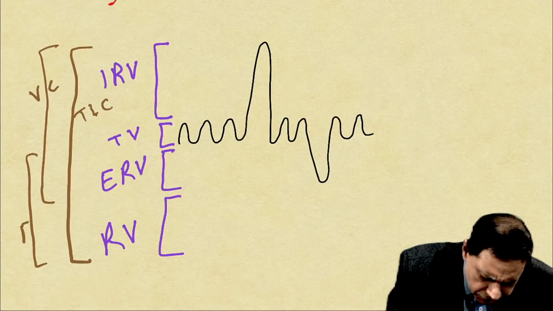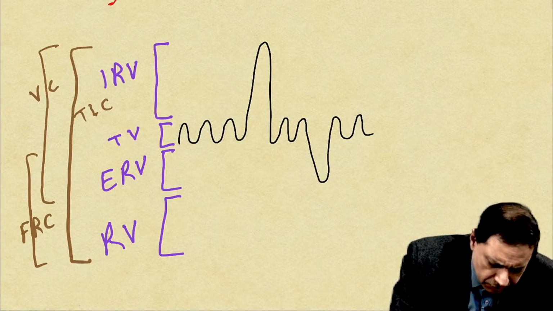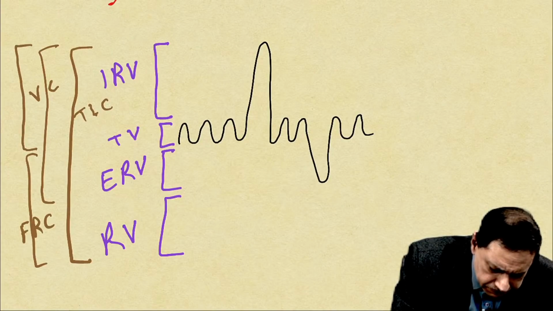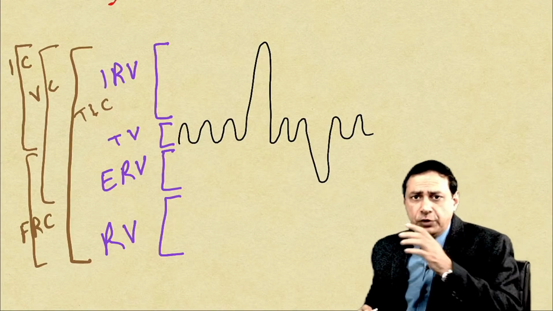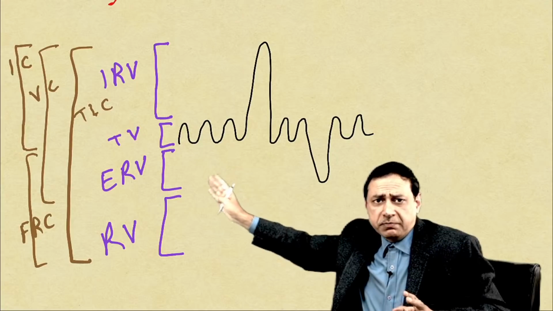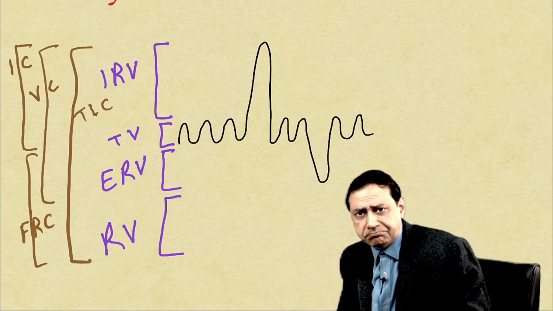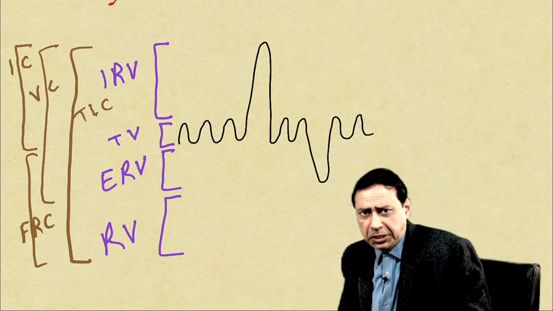This is functional residual capacity, FRC. And what is this top 2? This is inspiratory capacity. 4 volumes and 4 capacities. Volume is an individual volume and capacity is a permutation and combination. Right? Okay.